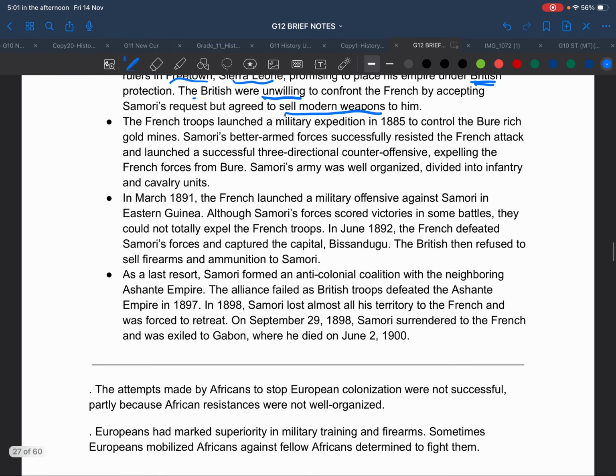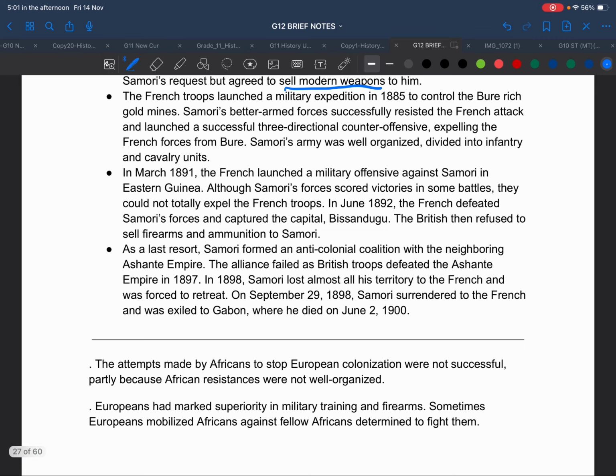The French troops launched a military expedition in 1885 to control the Bure-rich gold mines. What they liked was minerals, as we have discussed. Samory's better armed force successfully resisted. How great he was, a strong emperor. The French launched a three-directional counter-offensive, meaning anti of the French attack.